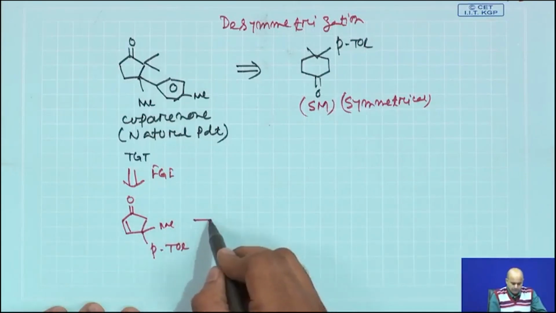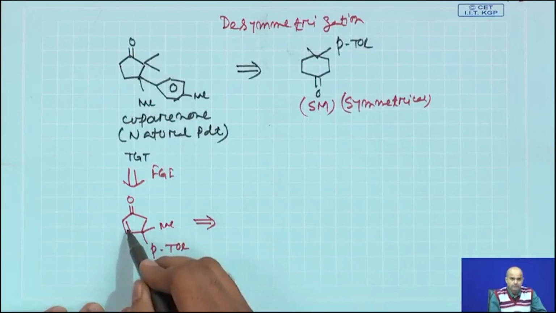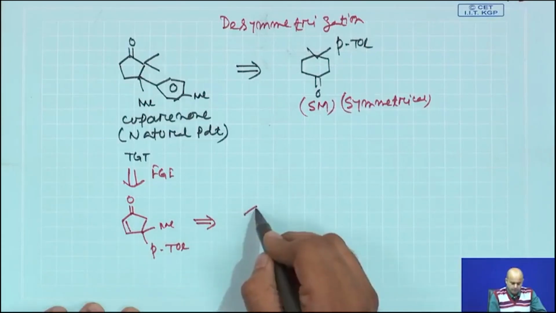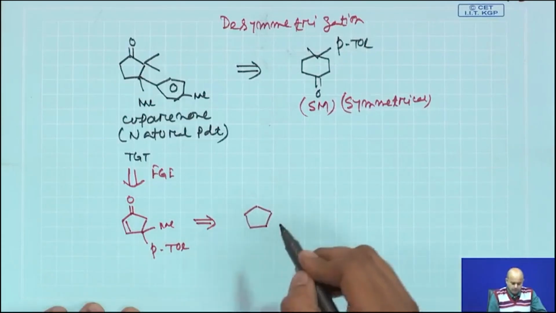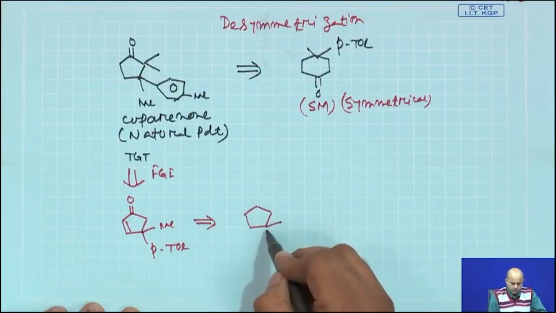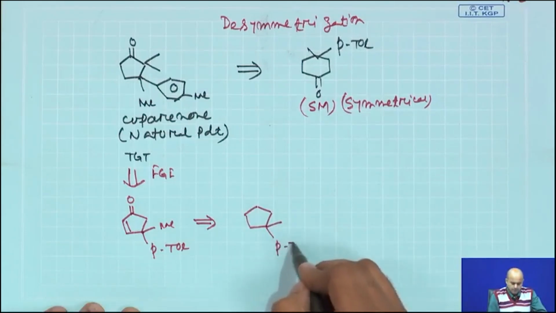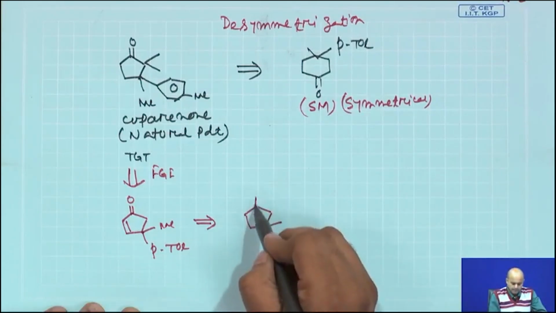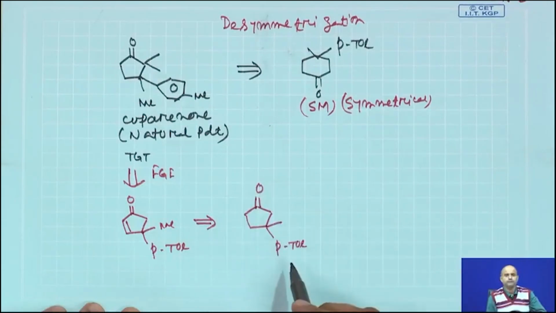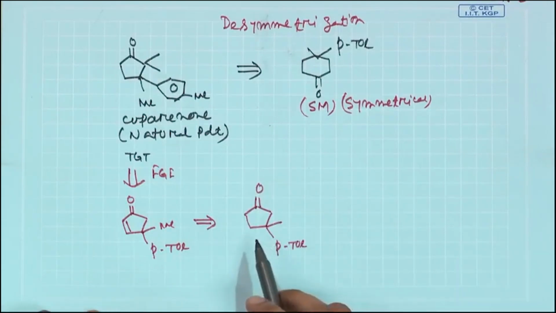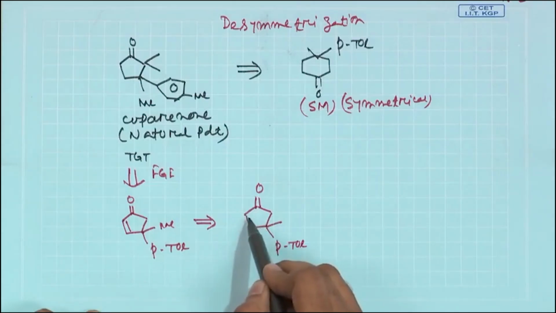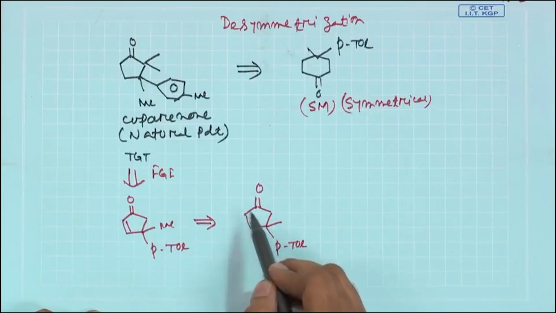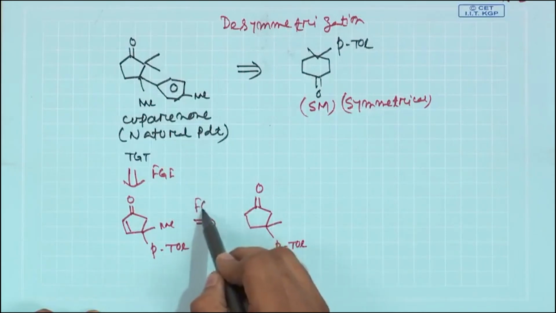Now, this particular alpha beta unsaturated ketone, you can think about how this can be constructed if you have a compound like this. In the earlier lecture we talked that you can create an alpha beta unsaturated olefin adjacent to a carbonyl by selenium based chemistry.